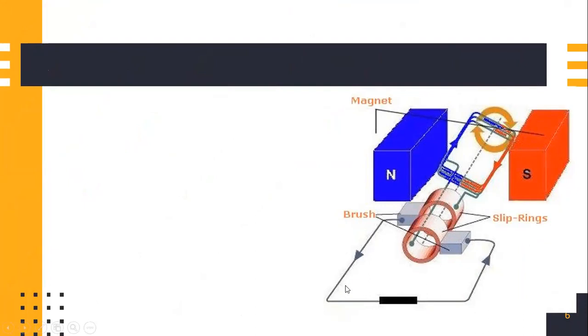The direction of the current is this, and the direction of rotation of the coil is clockwise: left side upward and right side downward. This is the direction of motion of the coil.